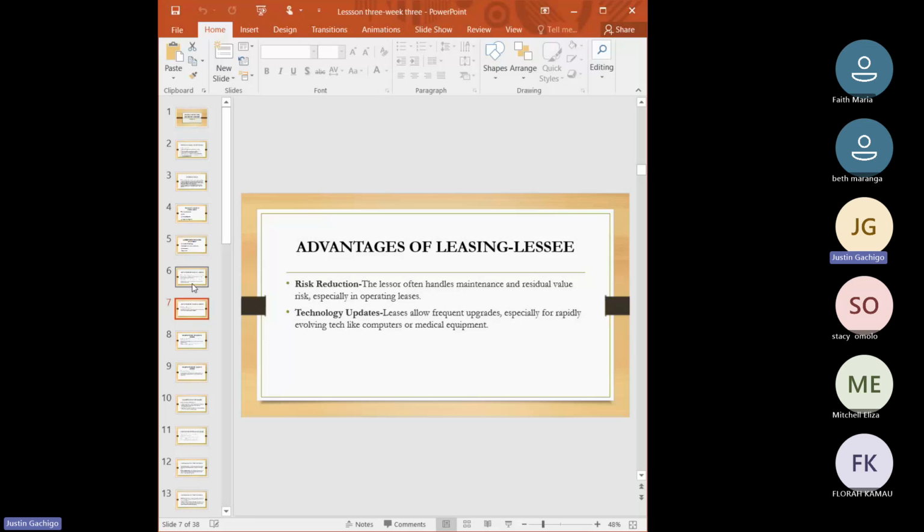You find that the owner or the lessor is the one who pays the insurance if there is any. If you hire a motor vehicle for 2 days, it is the owner or the lessor who will bear the insurance cost for risk reduction or risk mitigation.